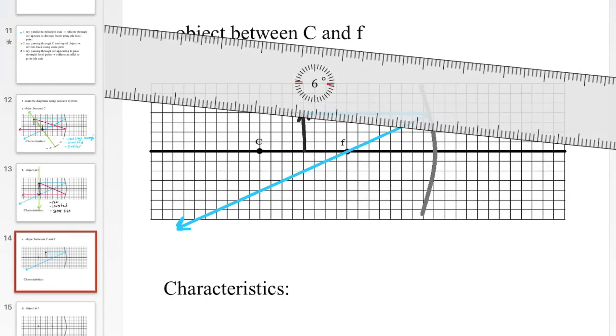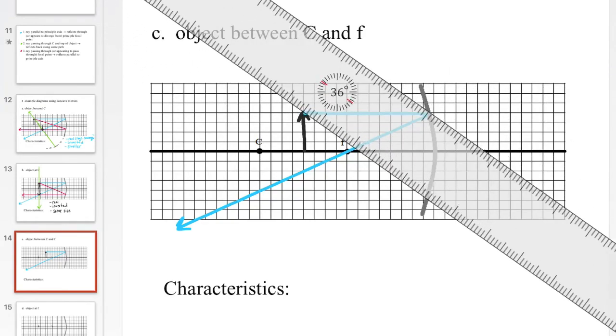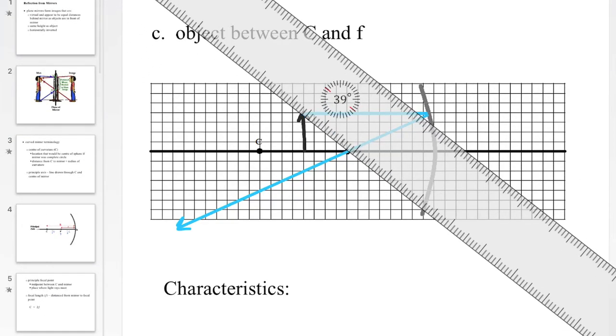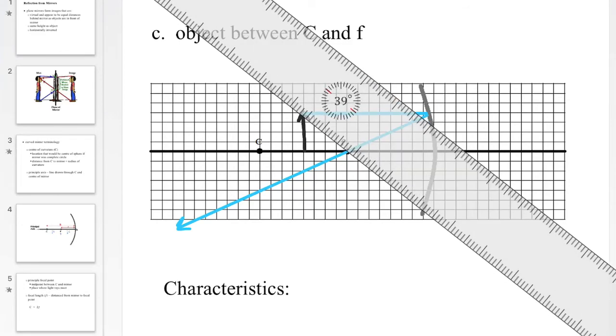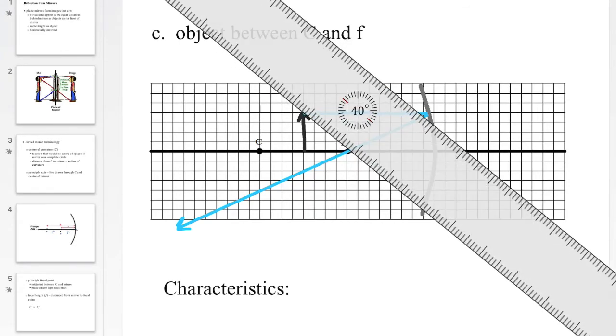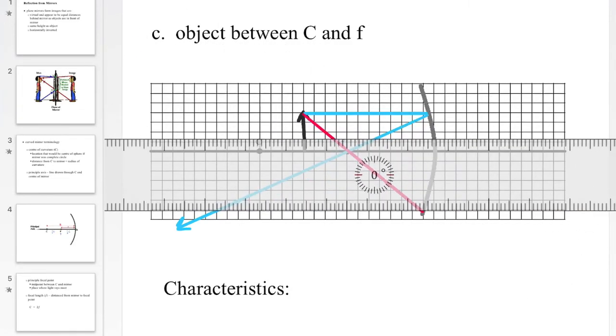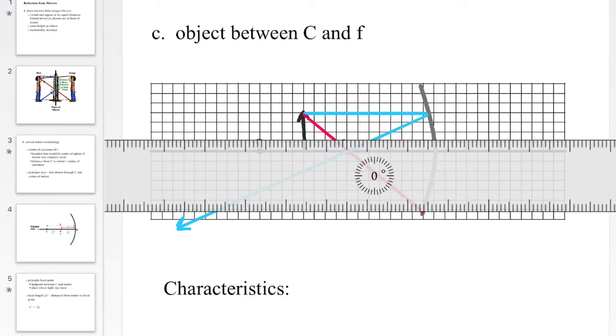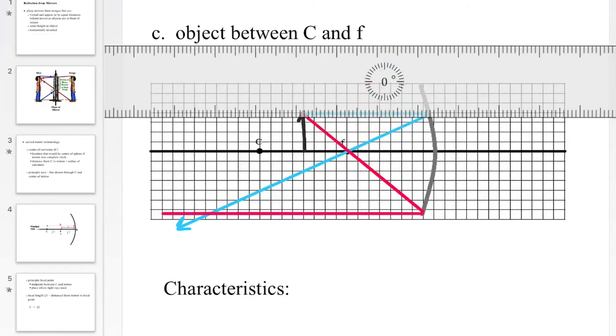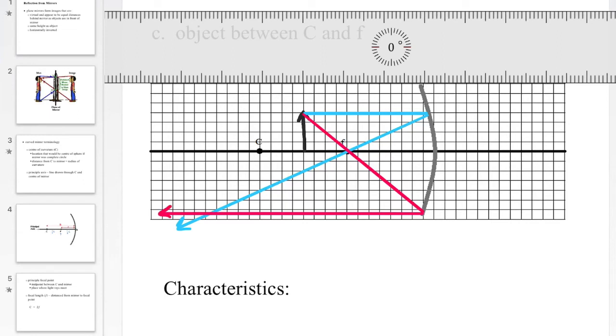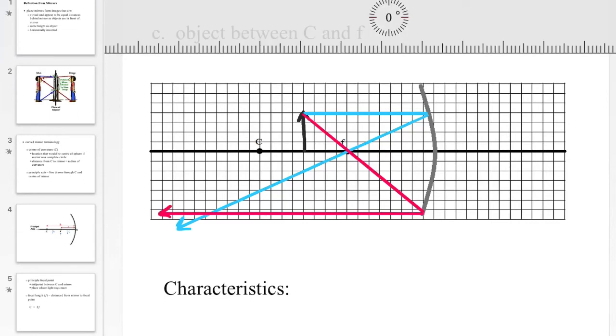Okay, and so then that third one was the one that goes from the top of the object through to F and then bounces back off parallel. There we go. Okay, so these guys are intersecting way down there.